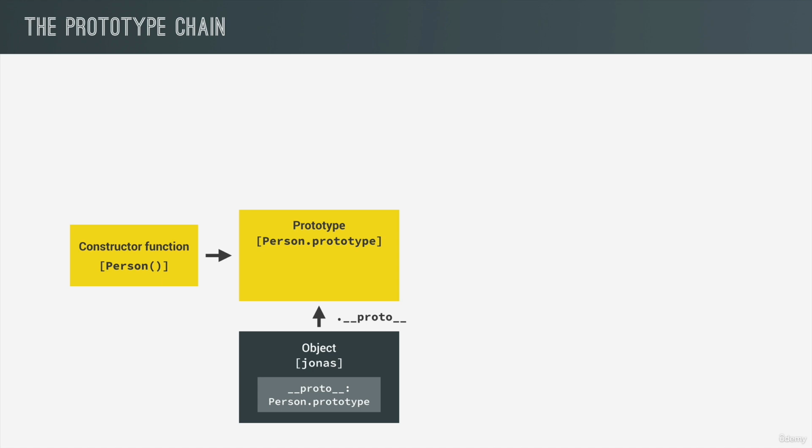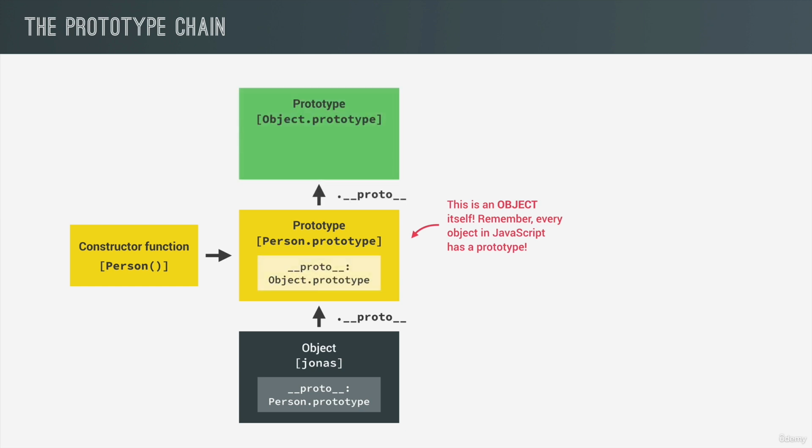So nothing new yet. But now let's remember that Person.prototype itself is also an object. And all objects in JavaScript have a prototype, right? Therefore, Person.prototype itself must also have a prototype. And the prototype of Person.prototype is Object.prototype. Why is that?